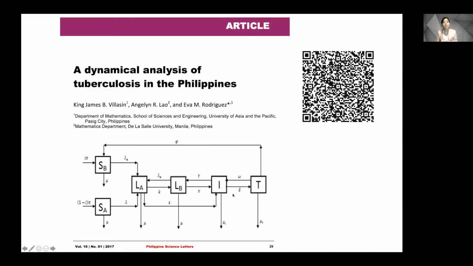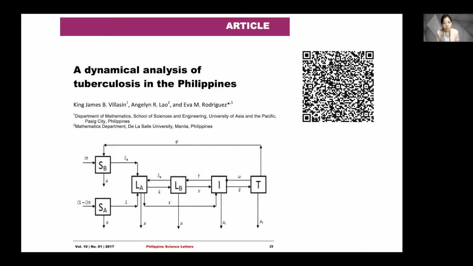This type of modeling approach, the process of solving the equilibrium and determining the R naught and proving that it is either locally asymptotically stable at a given disease-free equilibrium or unstable, can be applied to various epidemic spreading problems. For example, in this paper, we applied that in analyzing the dynamical models of tuberculosis in the Philippines.